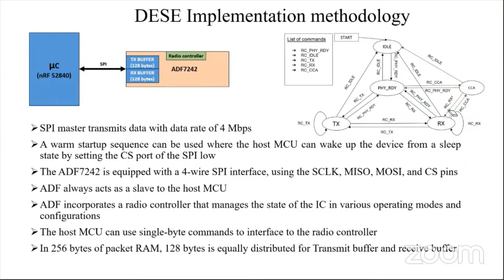And now it's easy for you to figure out several things. What I missed out is, while I said this in a trivial way, what should actually happen is what? It has to go from idle to PHY ready. It will have to check if the channel is good, the channel is free, and if the channel is good, then it can go and do a transmission. This is what you would do if you are doing shared links.